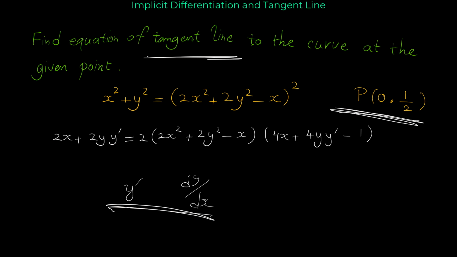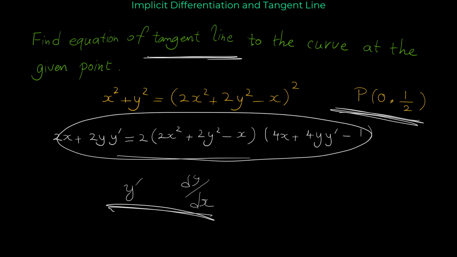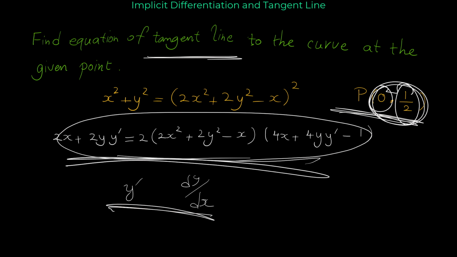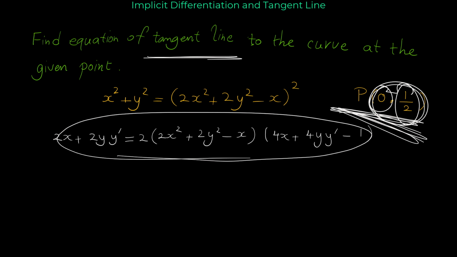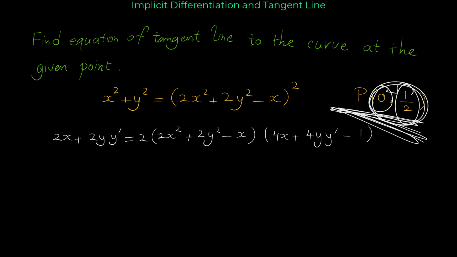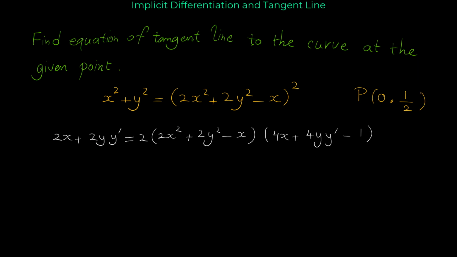So it's not necessary to try and solve this for y prime. Directly you can use these values for x and y here, and you can find y prime at this particular point. If you want, of course you can find y prime from this equation, but you need to do lots of algebra.